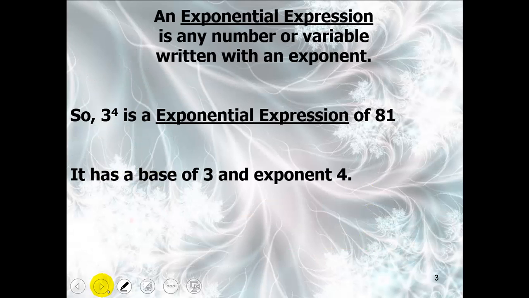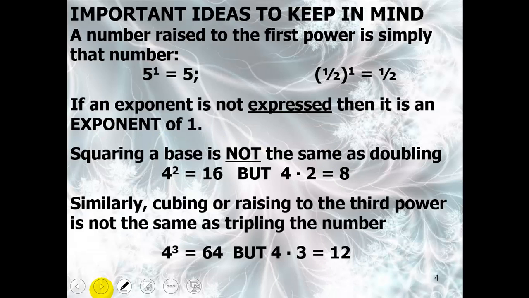An exponential expression is any number or variable written with an exponent. So 3 to the fourth is the exponential expression of 81. It has a base of 3 and it has an exponent of 4. That's the exponent.